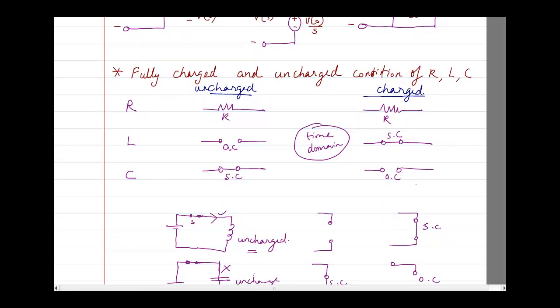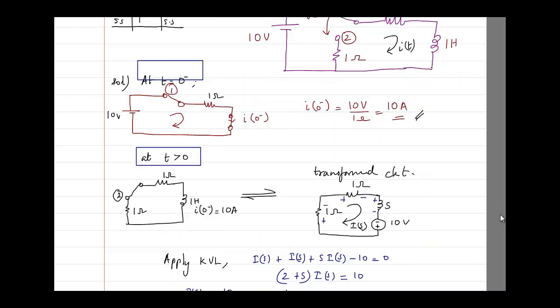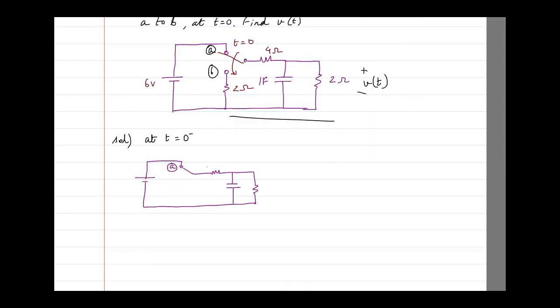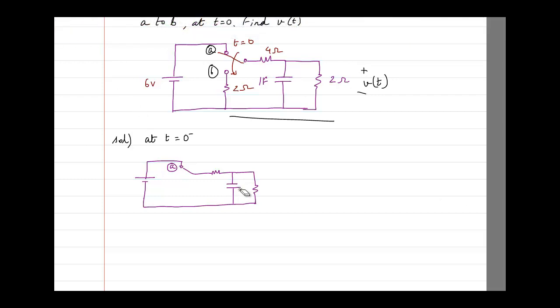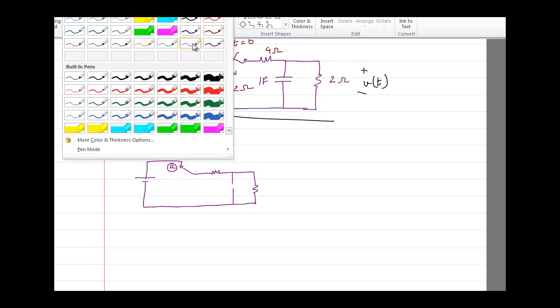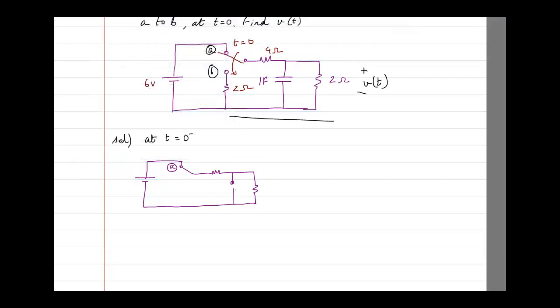So if it is acting as an open circuit, I have to draw an open circuit here. This is the open circuit. And what is the voltage that we are trying to find out? This is the voltage V of t.